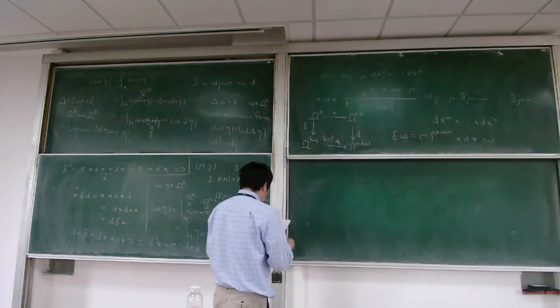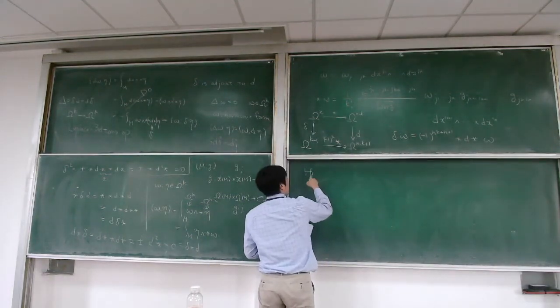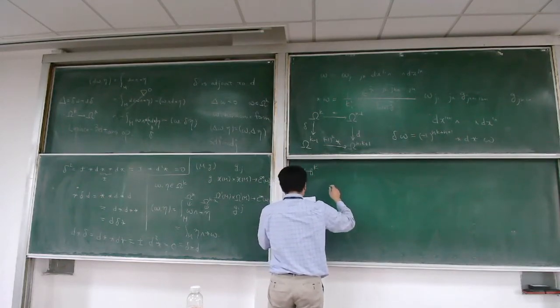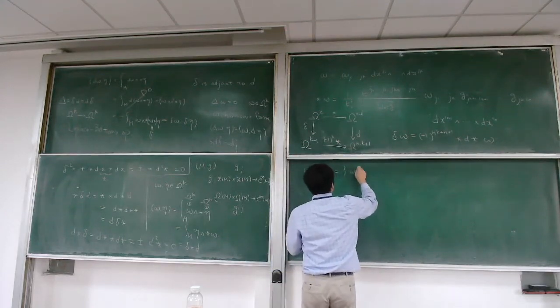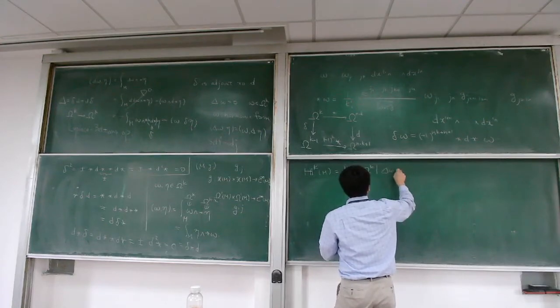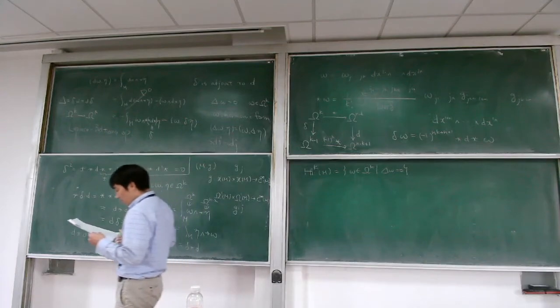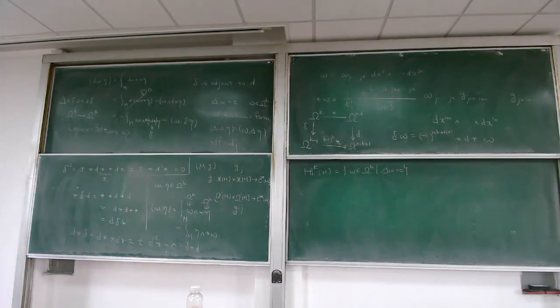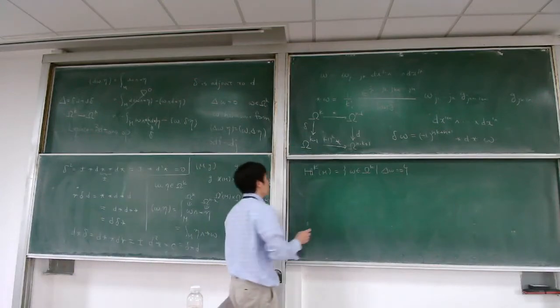And now, this is how we define H^k(M), bold H^k of M. If you consider the harmonic forms, then the Hodge decomposition theorem is the following.